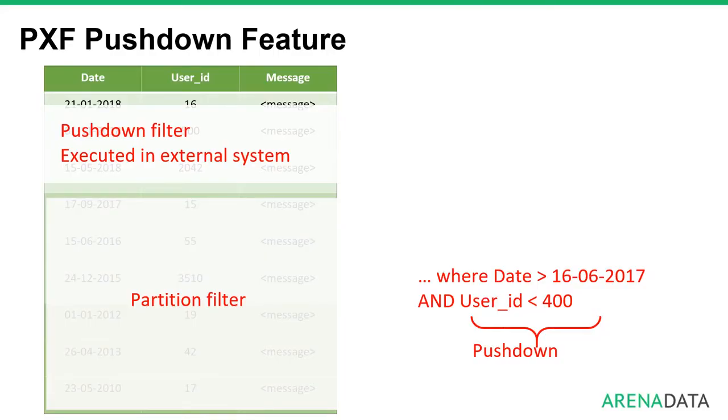And the second feature: when you query, for example, a complex filter, where the date is more than something and the user ID is less than something, this filter criteria is transferred to the external system, which queries all the necessary data, for example, where the user ID is less than 400.